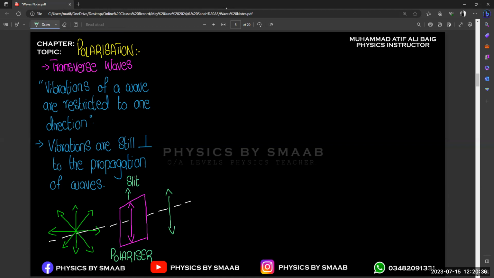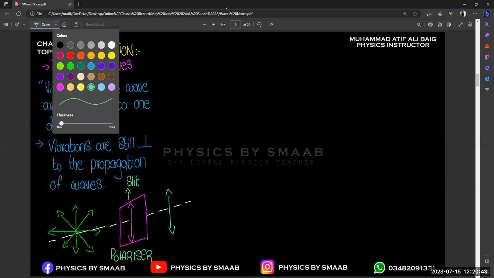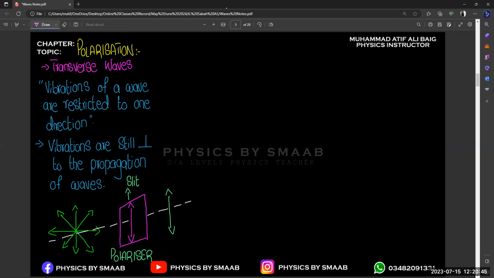Suppose this wave continues with its vibration in the forward direction, and we place another polarizer in a different orientation, now placed horizontally.